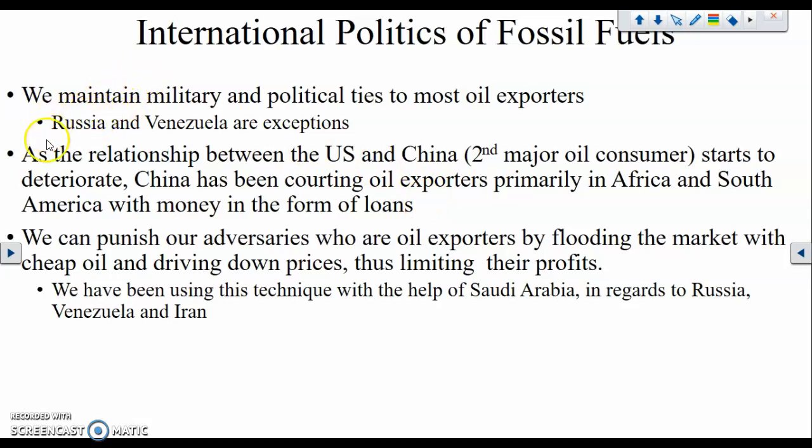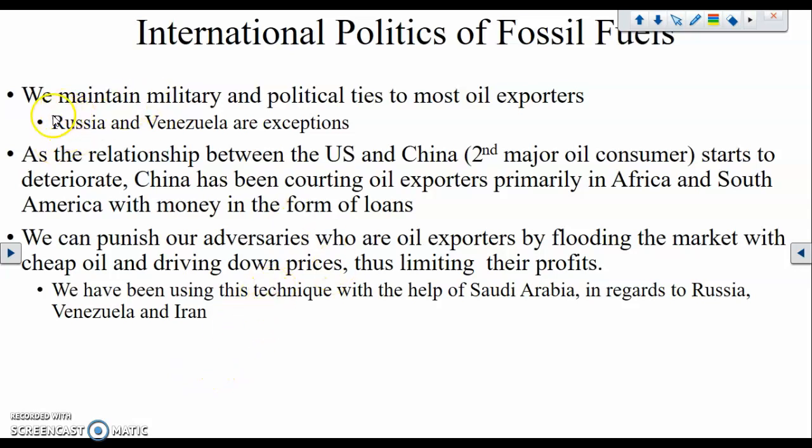The other thing is Russia and Venezuela, as we know, we have problems with them currently. The second Cold War, I guess. And what's going on is we are affecting their economy directly by dumping, because now we're net exporters of oil. We've been dumping cheap oil, and we've been encouraging OPEC to dump cheap oil.